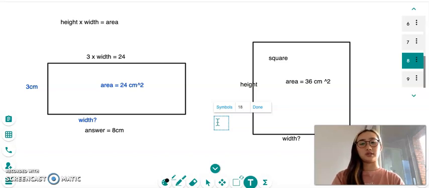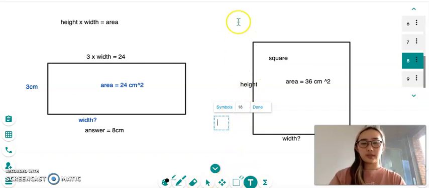If not, I would make them think about, well, what is a property of a square? They all have the same sides. And then ask, can you think of a number that, multiplied by itself, makes 36? The answer would be 6.